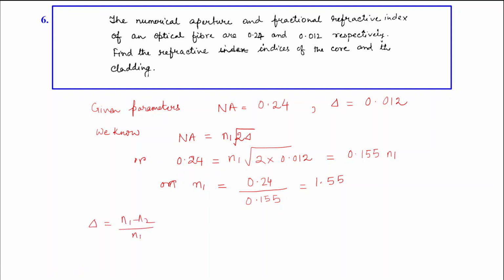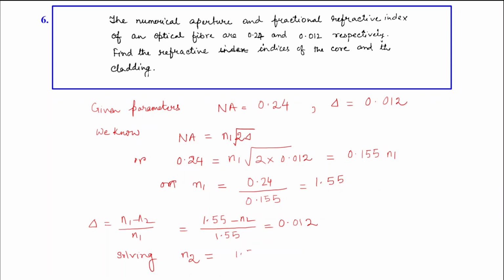Here in the problem, the fractional refractive index is given as del, that is n1 minus n2 by n1, which is equal to, n1 we have already found out as 1.55, so 1.55 minus n2 by 1.55, and del is 0.012. From this equation, if we solve it, we get the value of n2.